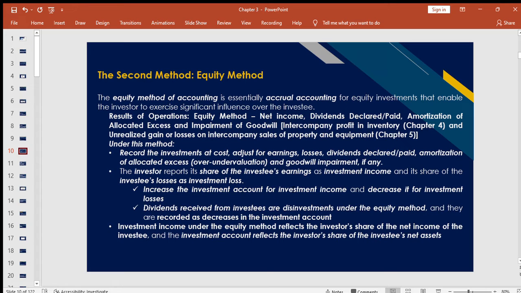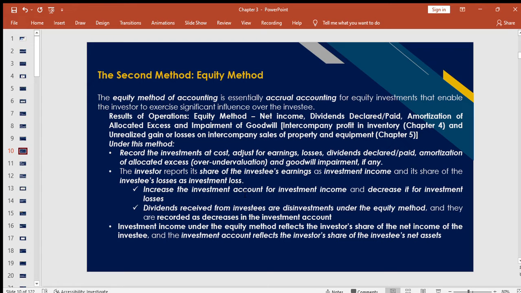The second method for our consolidated FS subsequent to our acquisition date would be the equity method. The equity method of accounting is essentially accrual accounting for equity investments that enable the investor to exercise significant influence over the investee.